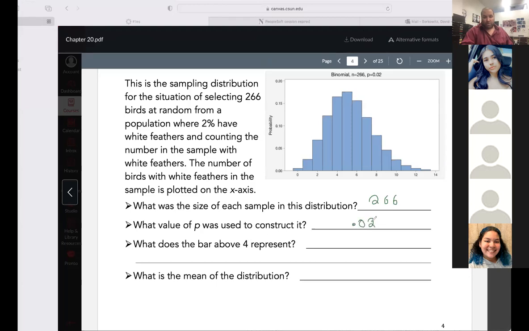What does the bar above 4 represent? What does this bar here represent? This one right here. What is that bar? 0.17. Well, 0.17 what?